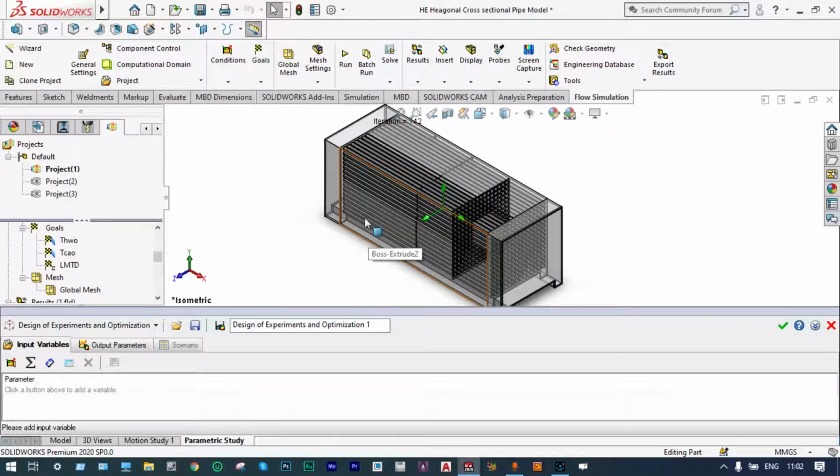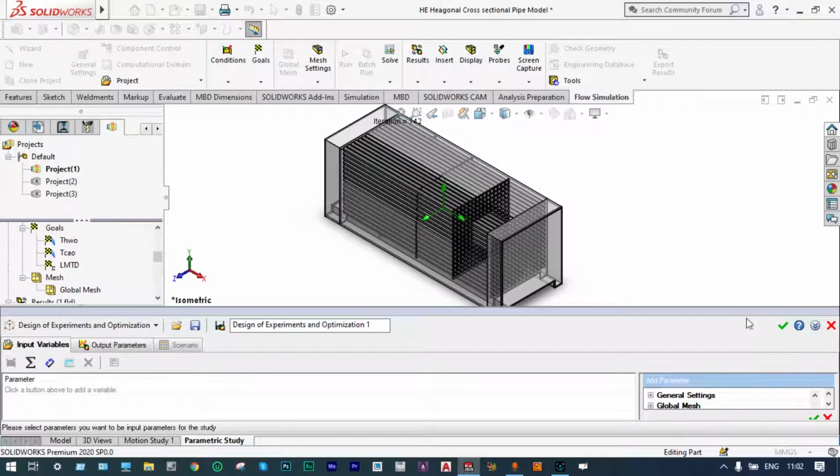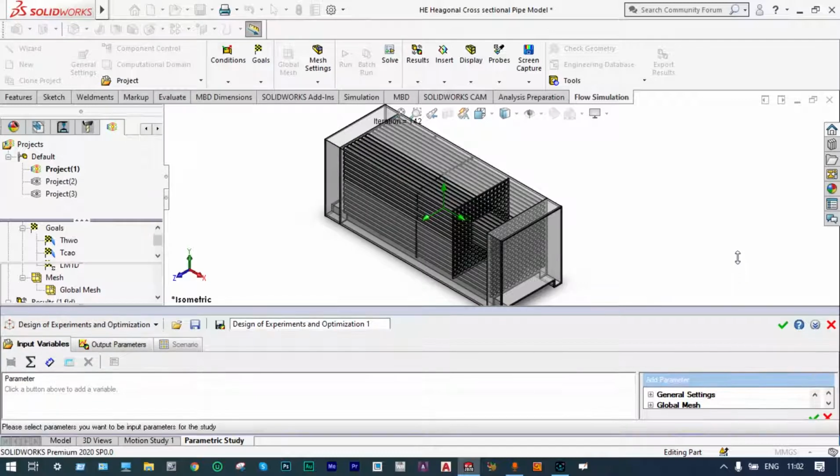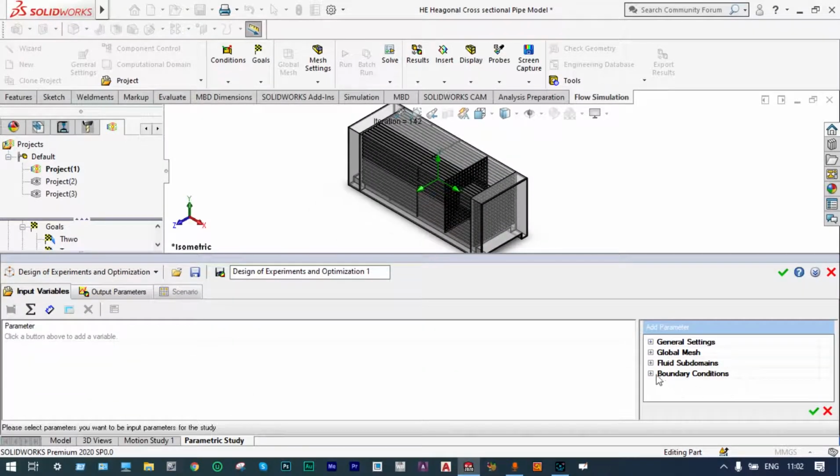So in that case, we have to select the hot air as the input variable, and that can be selected from boundary conditions. Let us select those boundary conditions. It will be from the inlet mass flow rate of hot air. We want to increase both things, that means the inlet mass flow rate, and at the same time the temperature of that hot air, within a specific range.